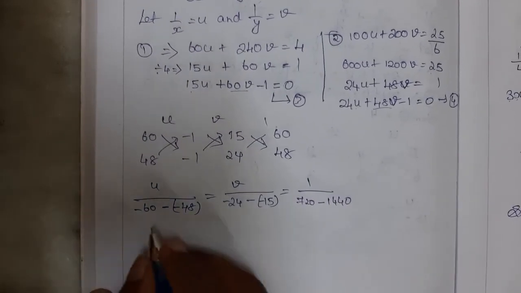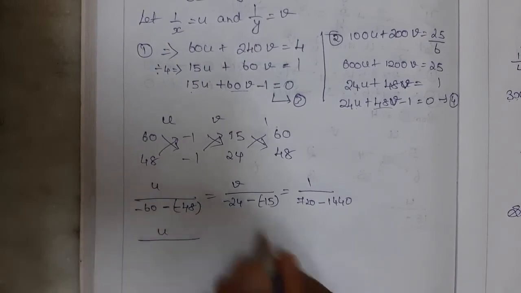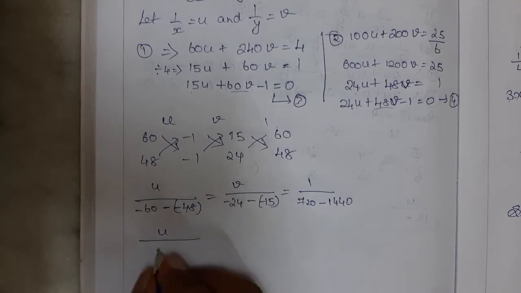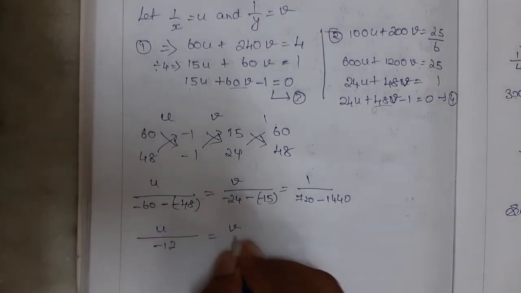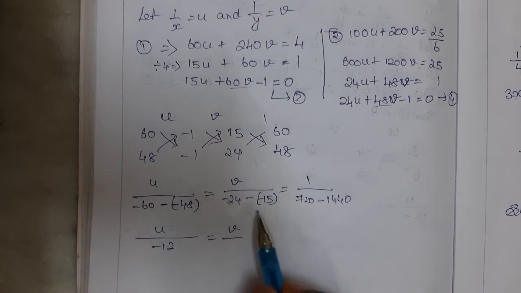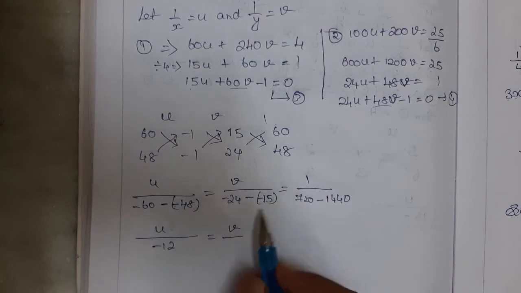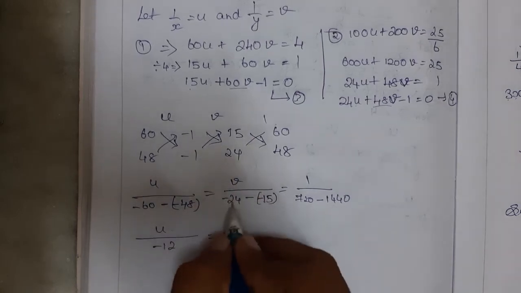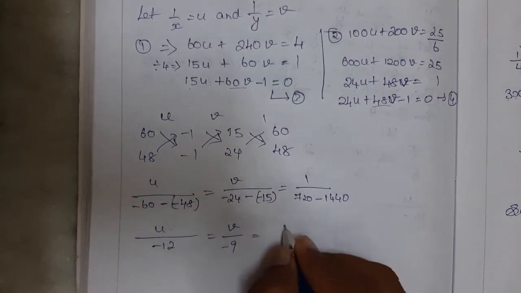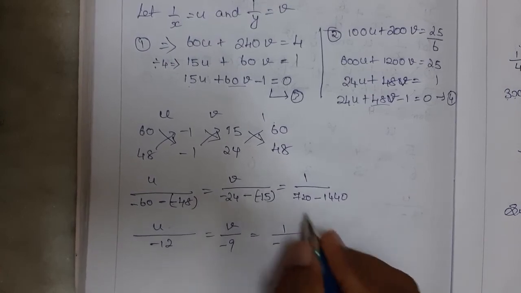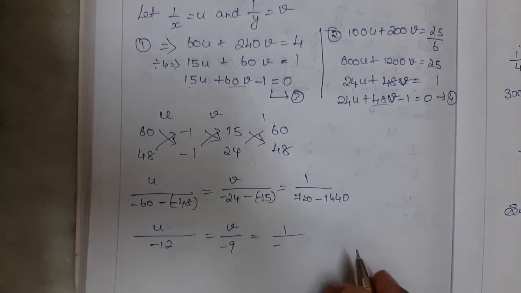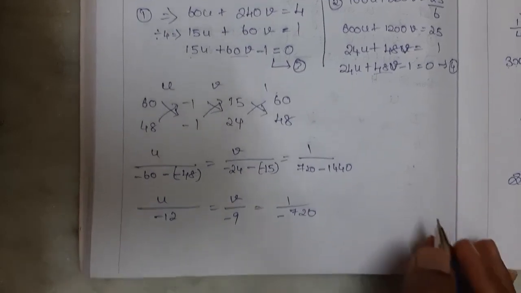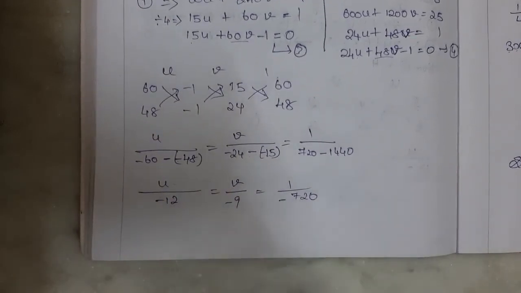Let me simplify. u divided by minus 60 plus 48, which is minus 12, and v divided by minus 24 plus 15, which is minus 9. And the denominator is 720 minus 1440, which is minus 720. Now you compare the first and last.